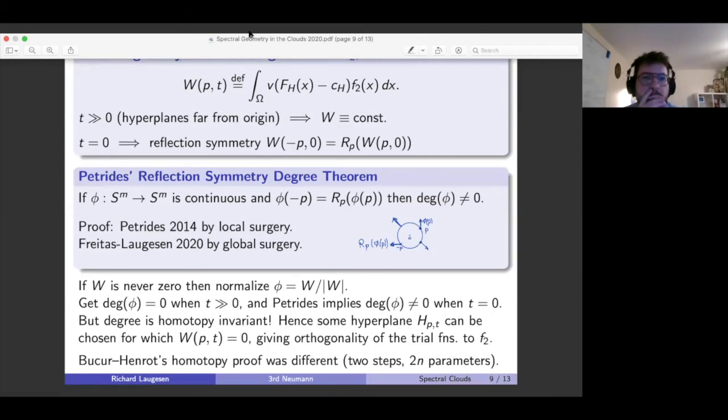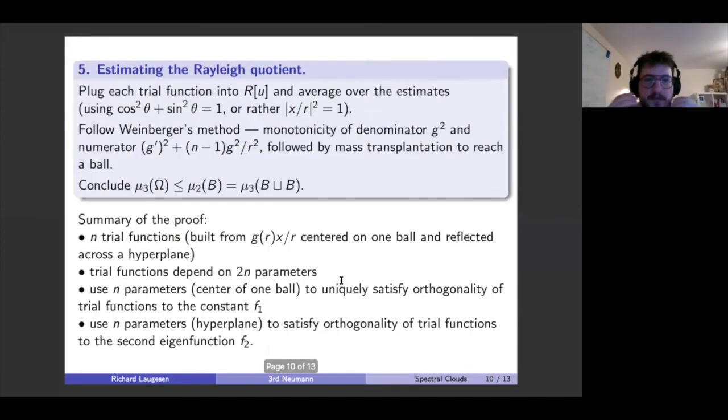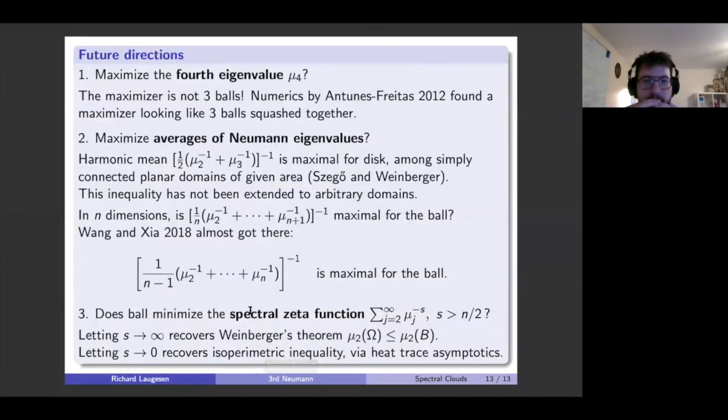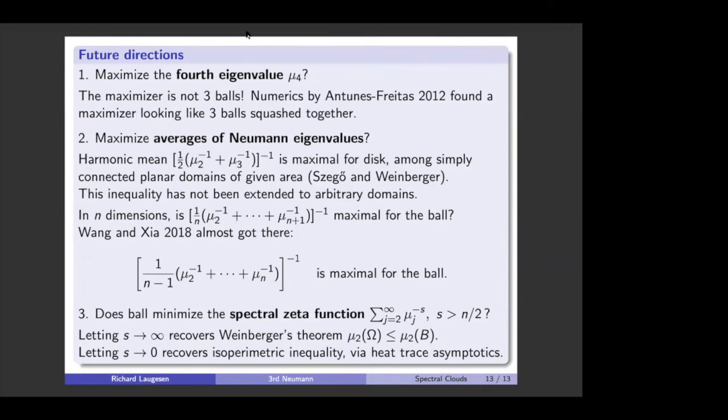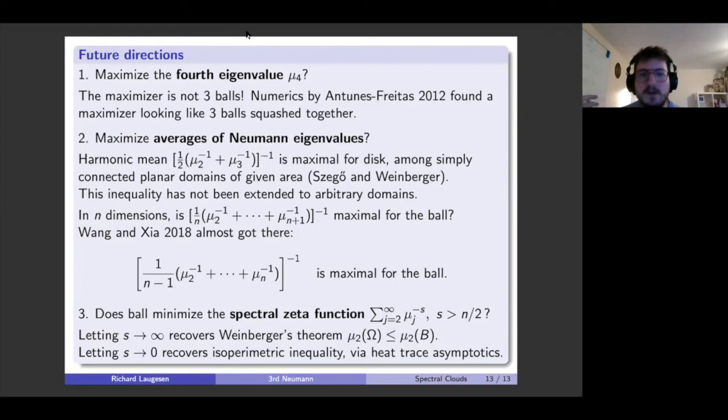I had one actually. At the end, you mentioned something about the maximizer for the fourth eigenvalue, which would not be three balls. And I know that for Dirichlet eigenvalues, there is a result by Amandine Berger saying that the disk is not a minimizer infinitely many times, so it can only be a minimizer finitely many times.